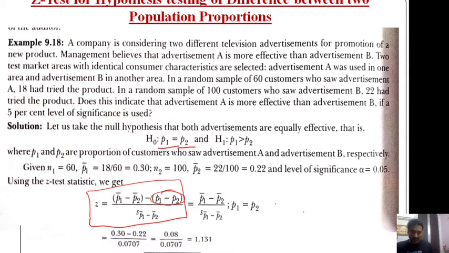This is the formula. Here I have written the formula to calculate S P1 bar minus P2 bar. It is written in the suffix, so you can easily calculate the value of Z.